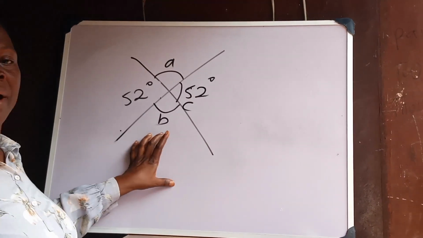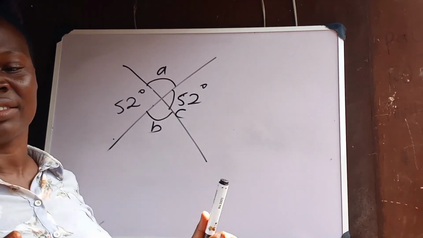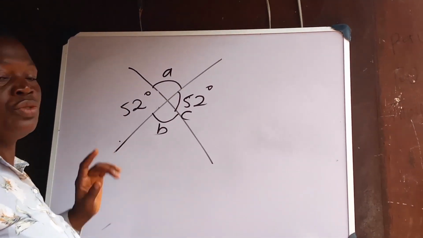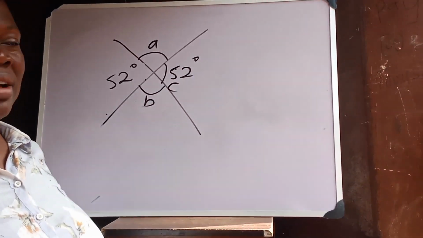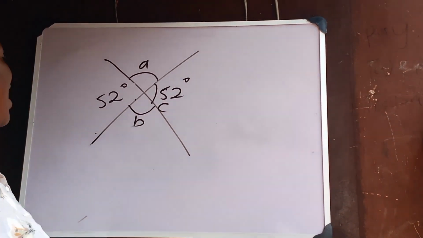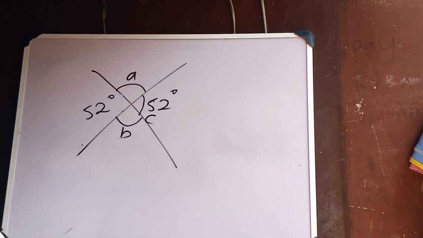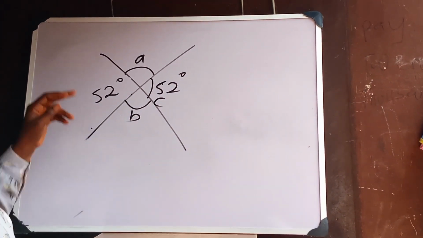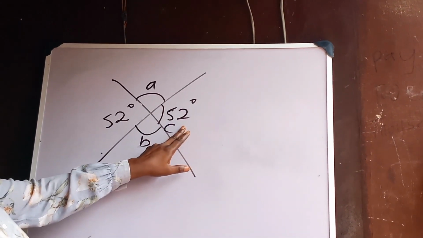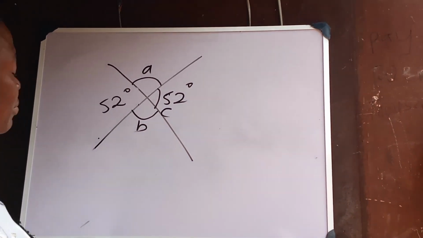When I taught you about vertically opposite angles, I used letters to teach it. Now I'm teaching you using numbers. That is real life story, as you may call it. This is 52 and this is 52. They are vertically opposite each other.